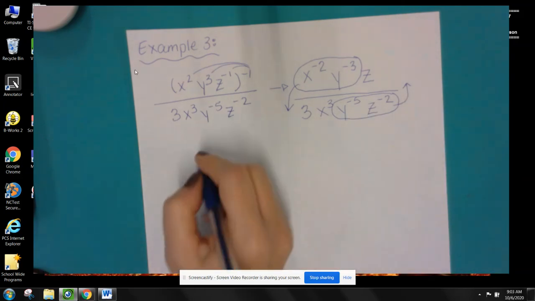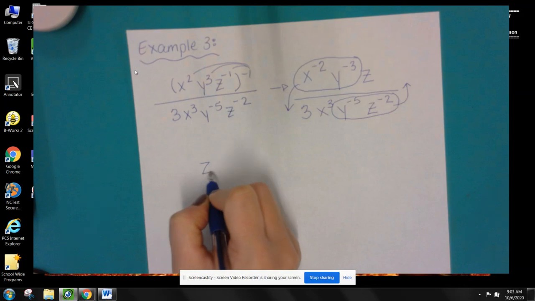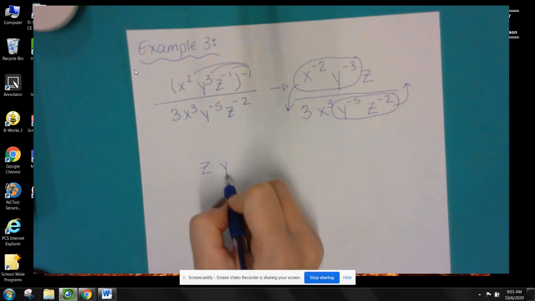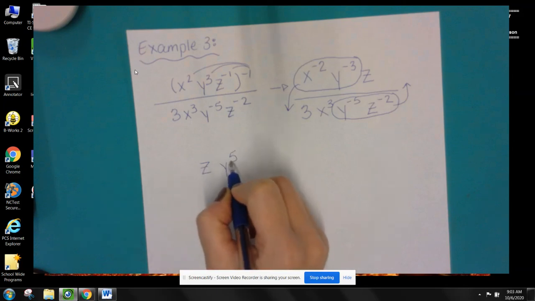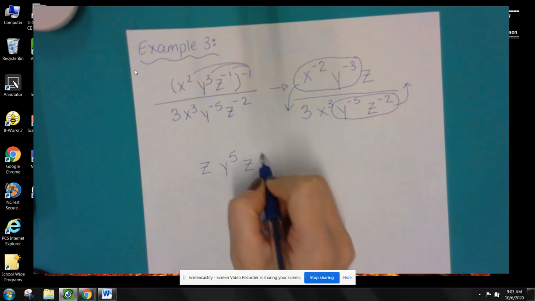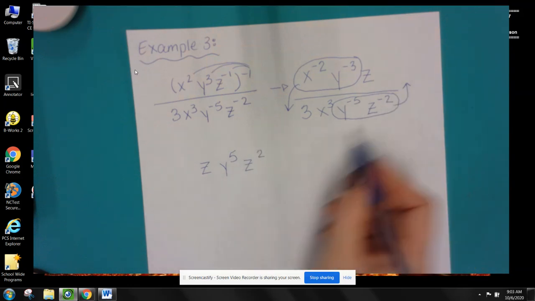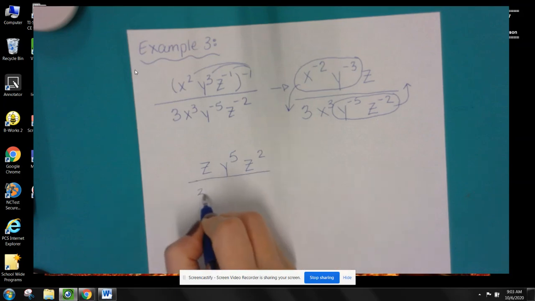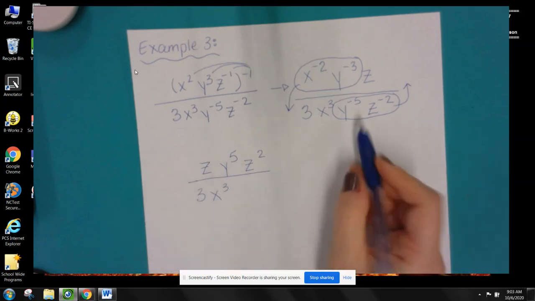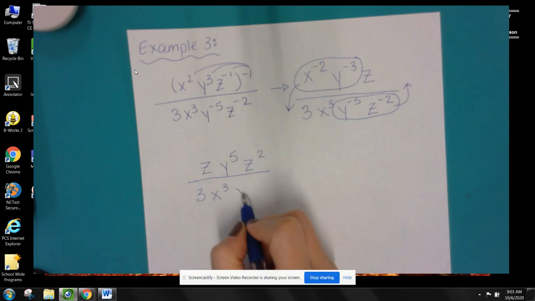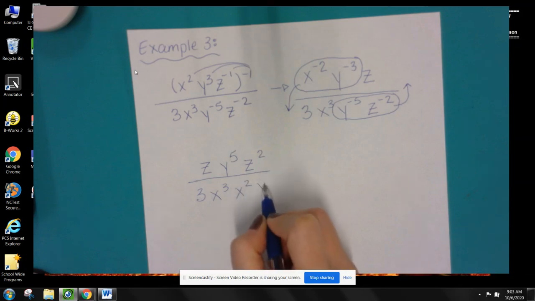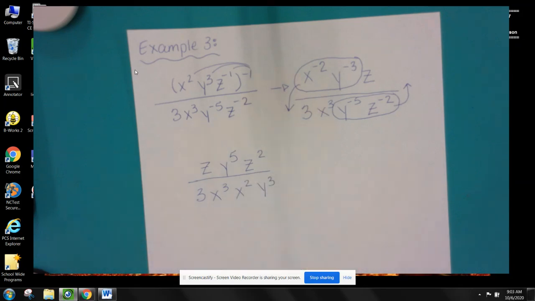So that's going to become z times y to the positive 5, now z to the positive 2, because both of these are coming up. And then 3x cubed was already down there. Now I'll have x to the positive 2, y to the positive 3.